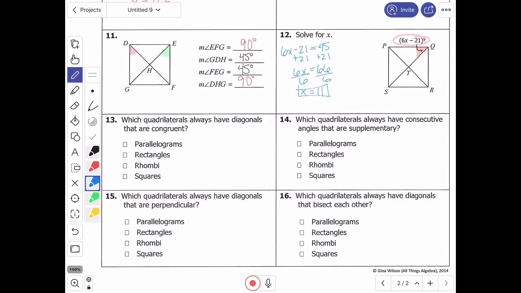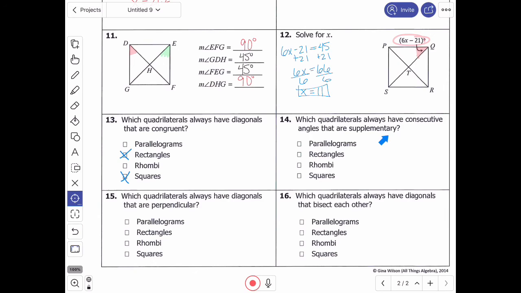So in 13, which quadrilaterals always have diagonals that are congruent? We only started talking about this when we talked about rectangles and then squares again. So we don't necessarily know that is true in parallelograms and rhombi, so you can only say that's true for rectangles and squares.